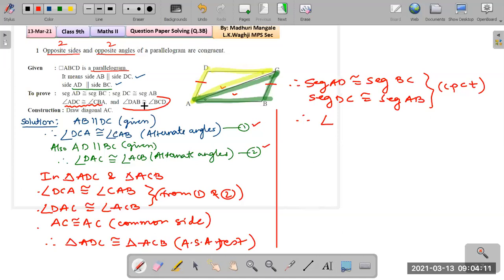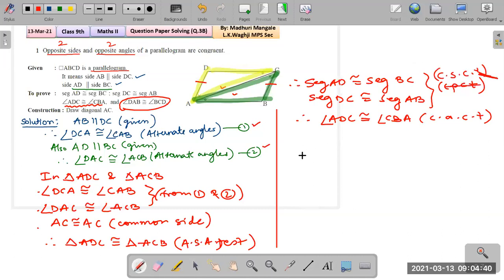Okay, similarly we can prove this part, and we say here angle ADC is congruent to angle CBA. How? This is corresponding angles of congruent triangles, right? And this can be said to be corresponding sides of congruent triangles, CPCT. That's how we can prove the remaining parts.